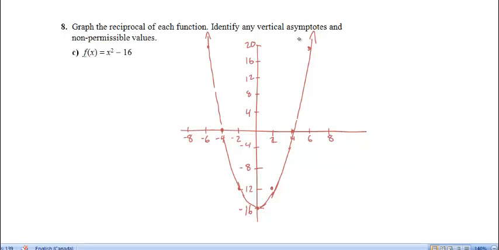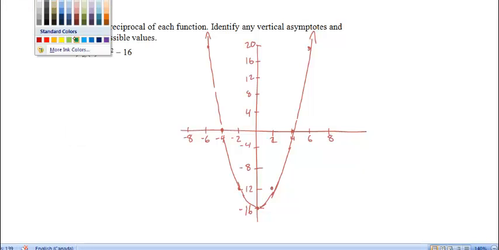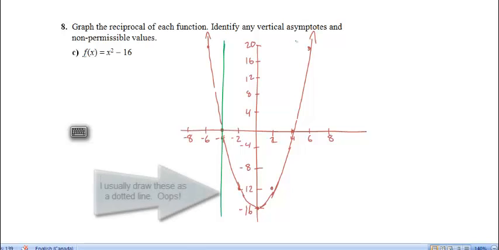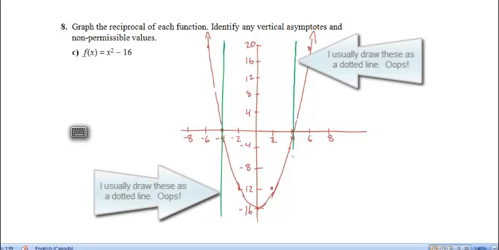Now, anytime I want to graph the reciprocal, I start by identifying the zeros. Where does the graph cross the x-axis? Where's y equal to 0? Right here on the x-axis. And that's where I'm going to have a vertical asymptote, right through there. It's a vertical line that my reciprocal function doesn't cross.